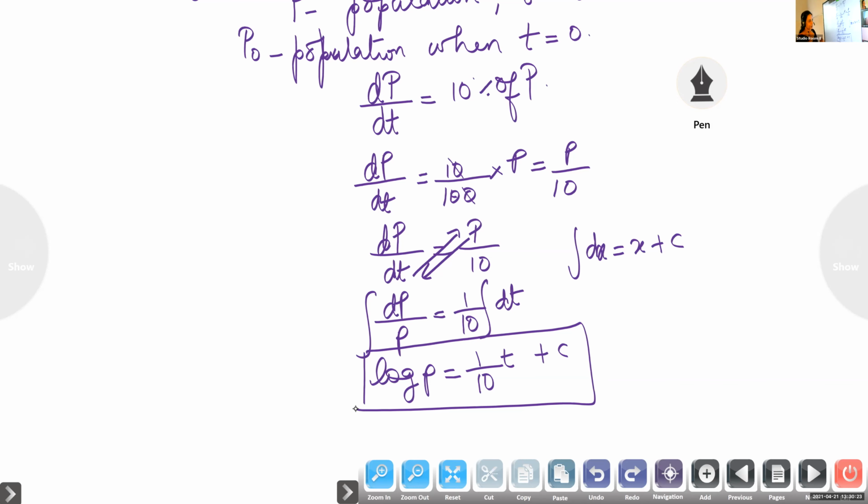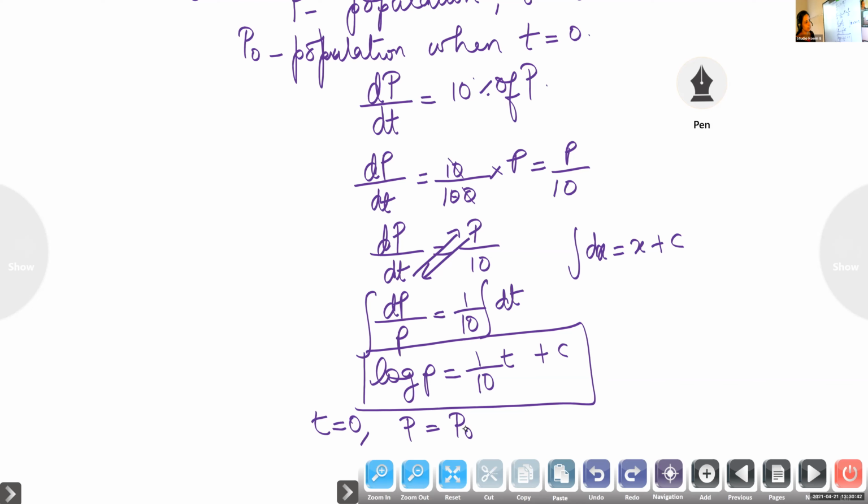What is given? In the beginning, when the time is 0, what is the population given? P, we are taking it as P naught, isn't it? In the beginning, when the time is 0, population is P naught.